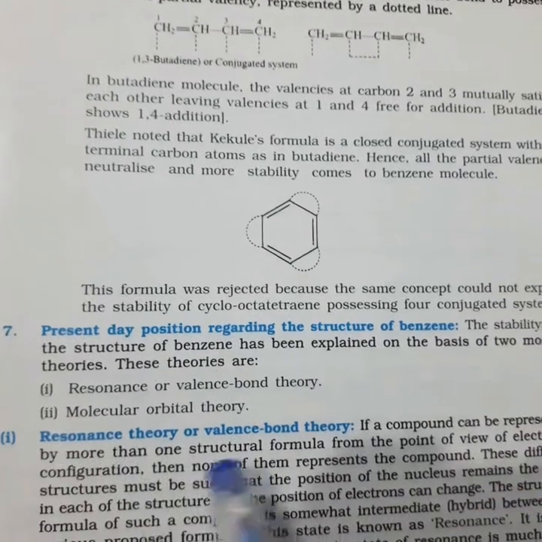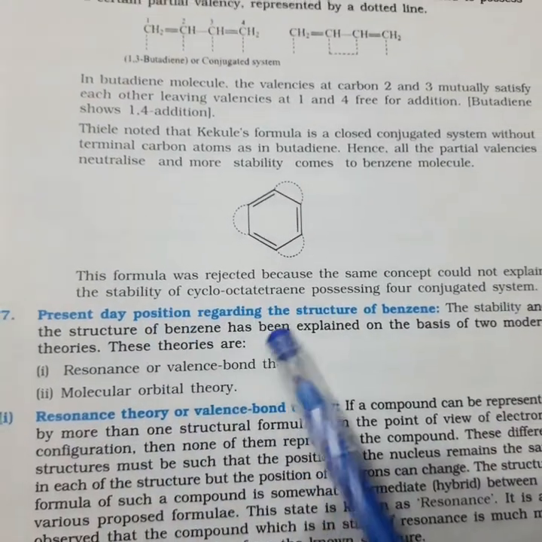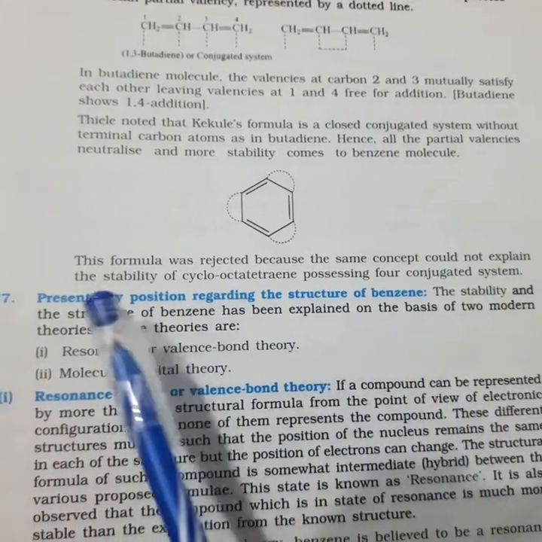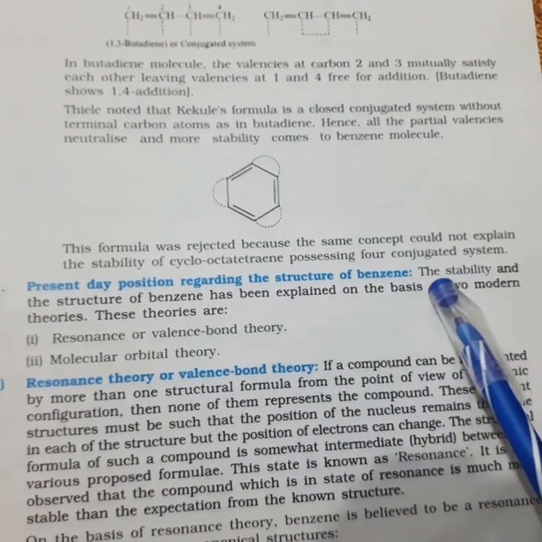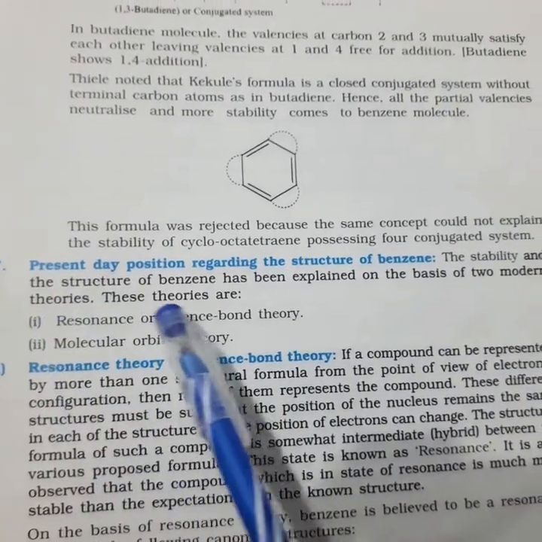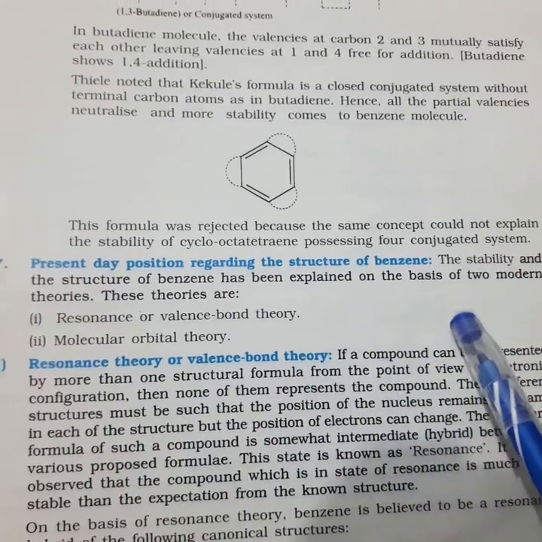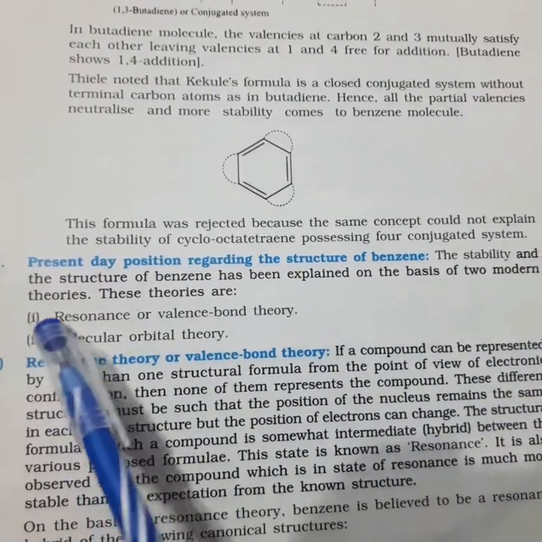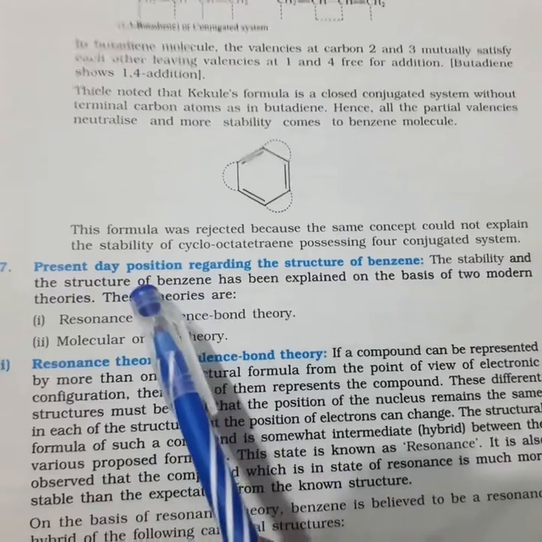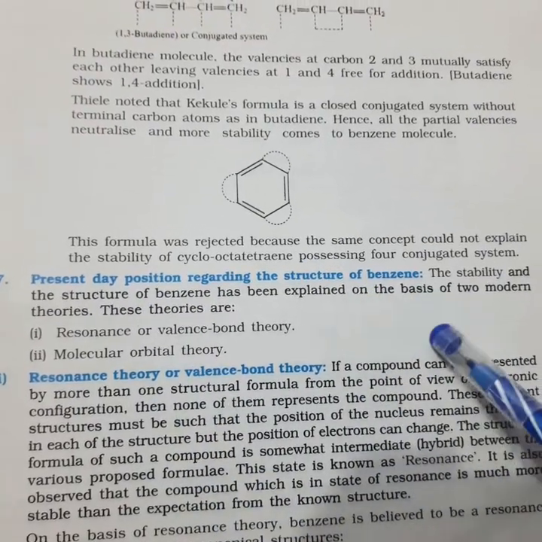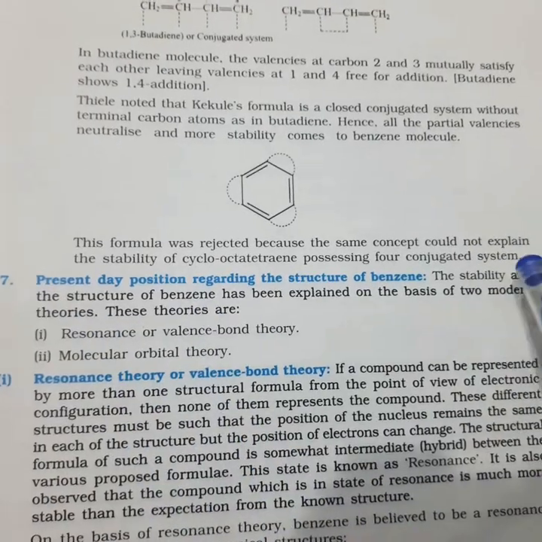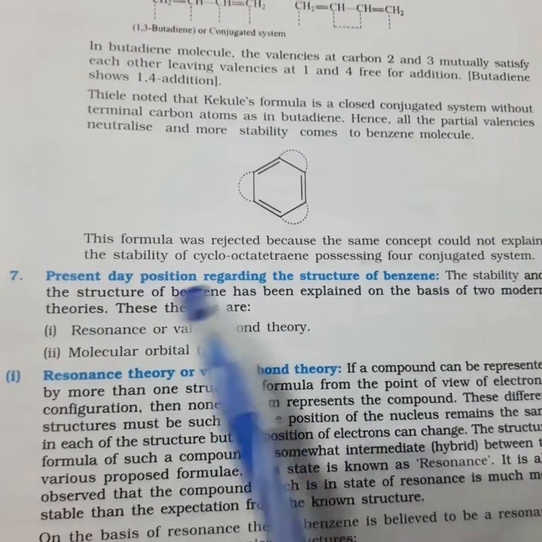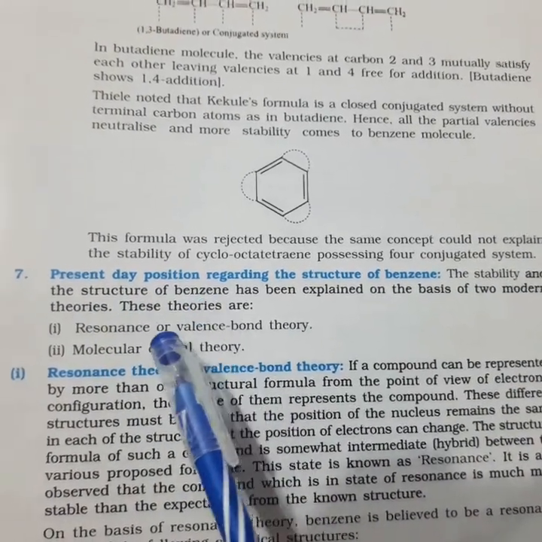Next, the present day position regarding the structure of benzene. The stability and the structure of benzene have been explained on the basis of two modern theories. We know benzene is stable, right? So both the stability and structure of benzene were explained based on two theories.